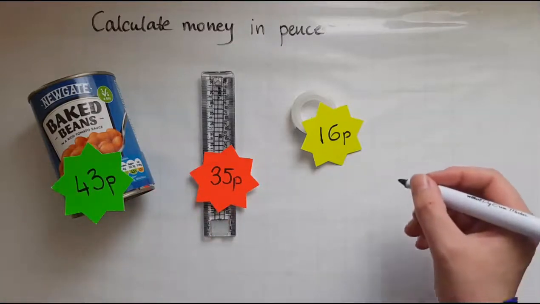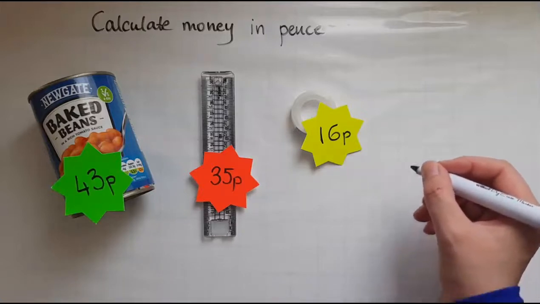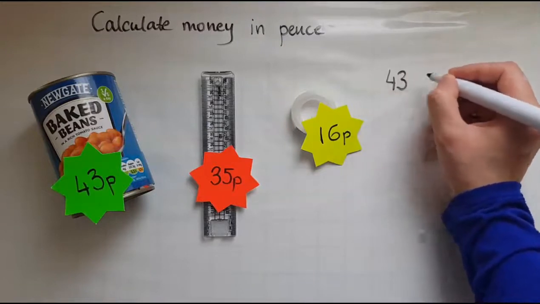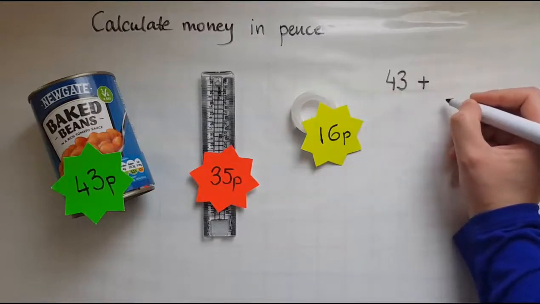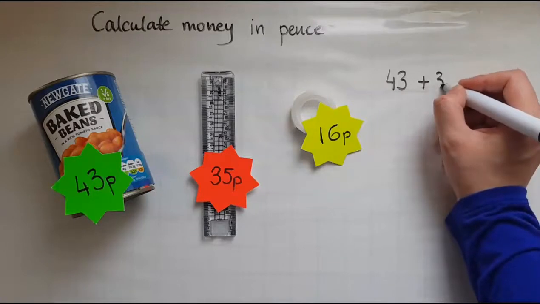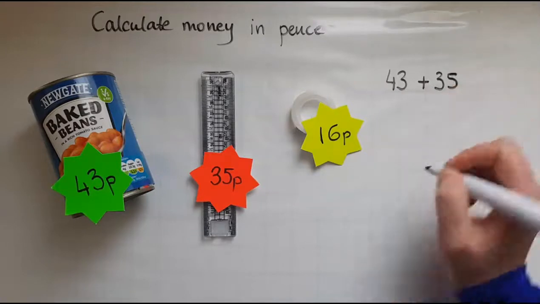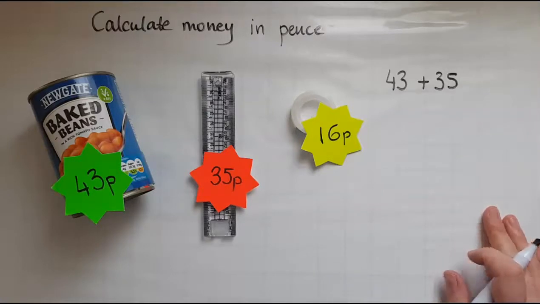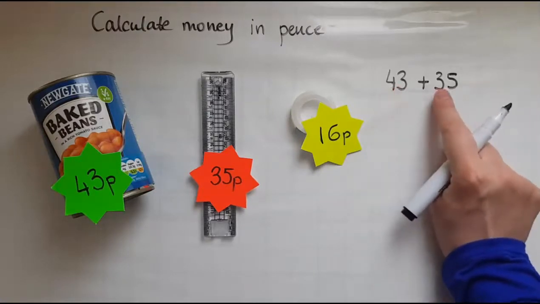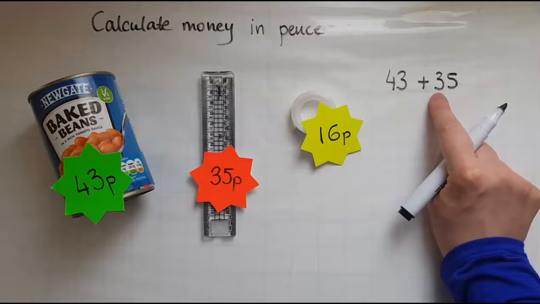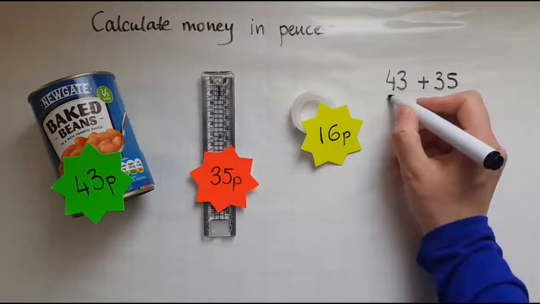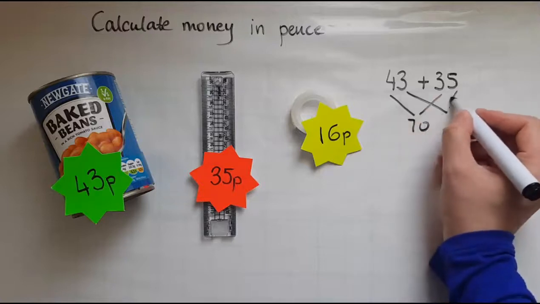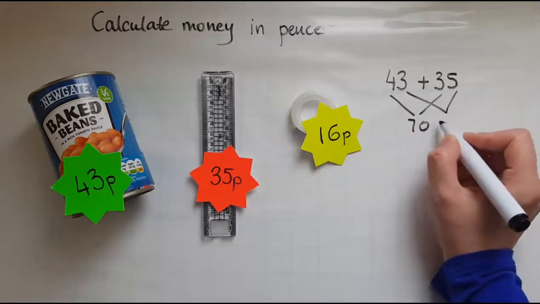So we've got 43 pence and 35 pence. Now the method I'll use here is by adding 40 and 30 first, which makes 70, and 3 and 5, which makes 8.